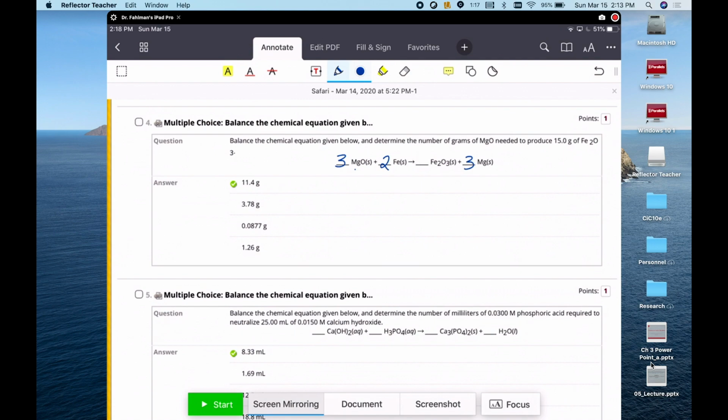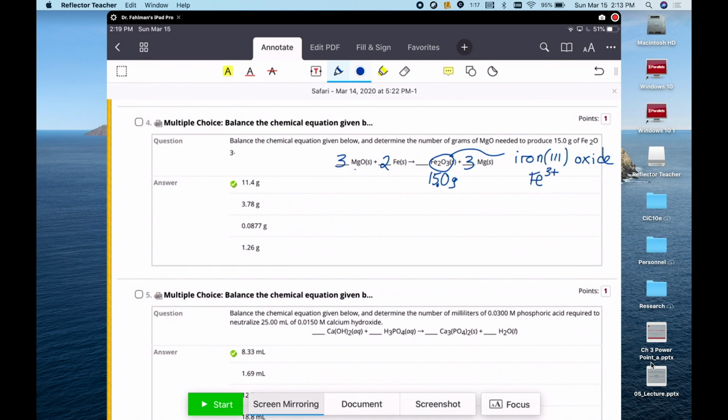And so now you're producing 15 grams of iron 3 oxide is the name of this, by the way, just as a review. Right, because the iron is formally in a 3+ oxidation state.